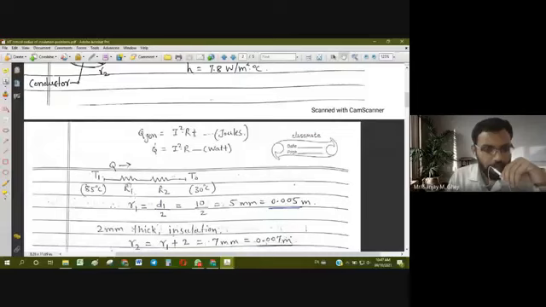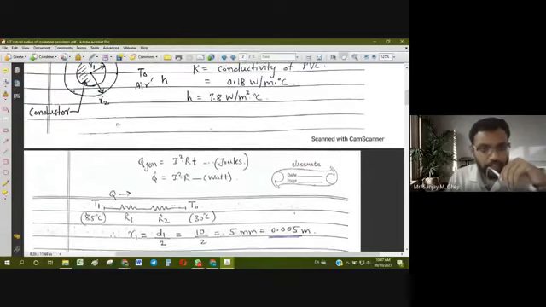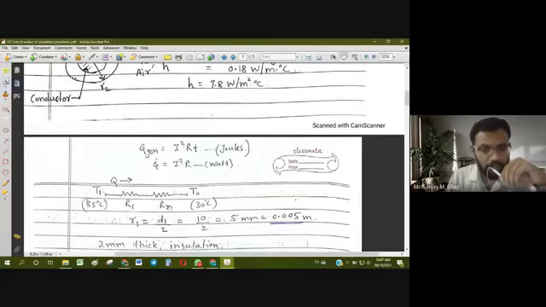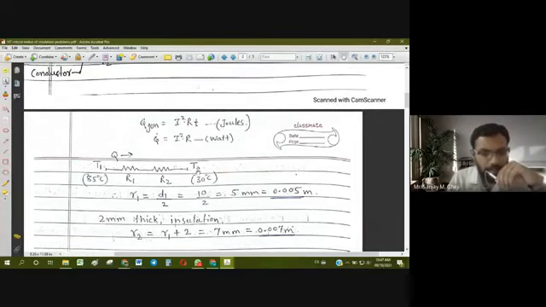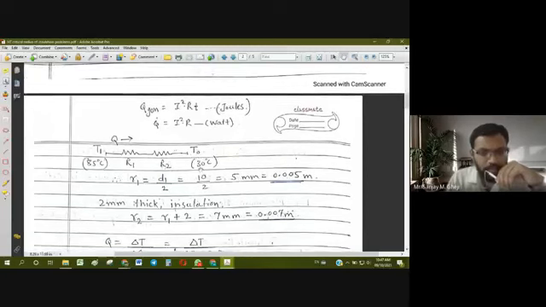R1, let us say, is the thermal resistance of the solid insulation material, and R2 is the convective resistance of the surrounding air. T1 is 85 degrees Celsius, and T0, the air temperature, is 30 degrees Celsius. So the delta T available for this series connection is T1 minus T0, 85 minus 30.